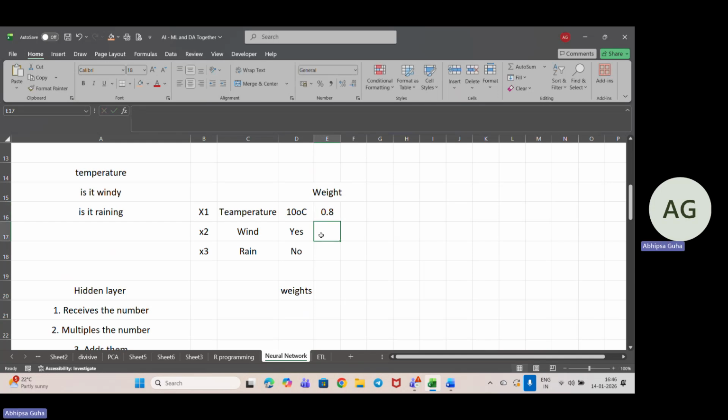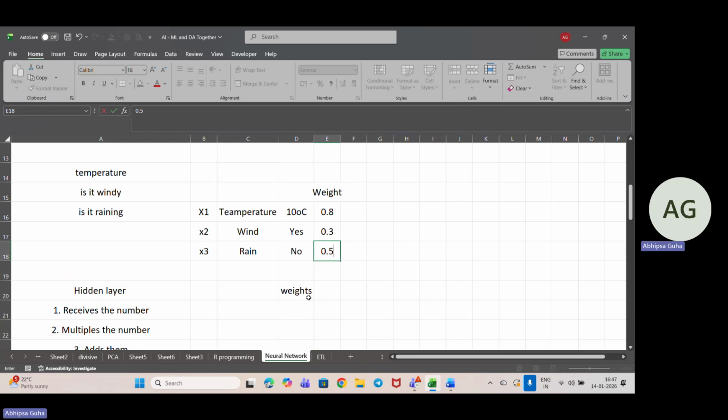Now wind is less important. There is no such importance about wind for wearing a jacket, so I'll just take it as 0.3. About rain, we can think of 0.5. If there is rain, the temperature is a bit lesser, so I might need a jacket, right? So that is the idea.